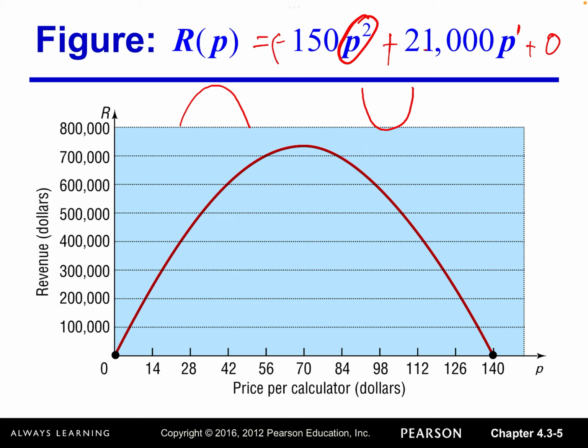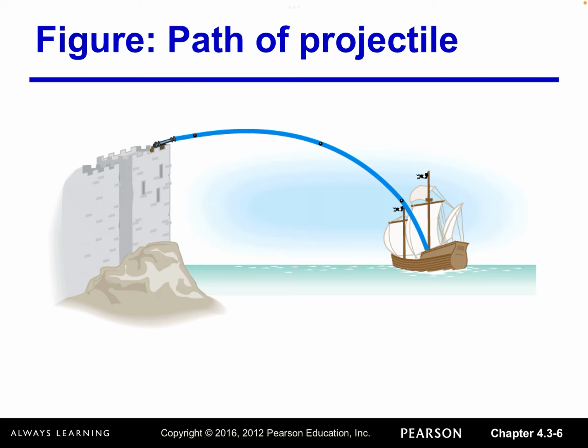In real life applications, what kind of problem uses quadratic function modeling? Like the path of a projectile. We shoot a bullet from some certain height, and this is a cliff in the picture, and then it's the path of this missile or whatever, and then it falls due to gravity.